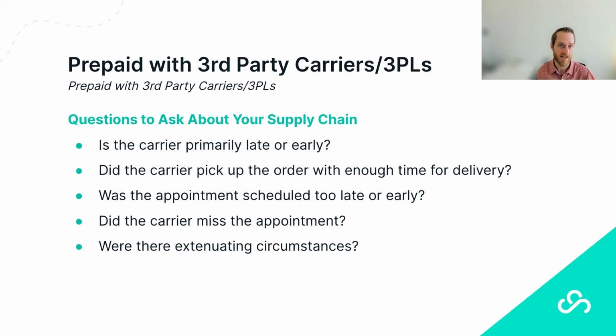If the appointment was scheduled within the MABD window, but the carrier didn't hit that appointment, a lot of times that's a sign that the carrier was just late for whatever reason. So it can be helpful to identify that difference between appointment and actual arrival, because that could give you an idea, is the carrier hitting their target or not.